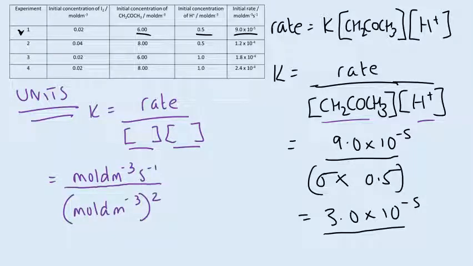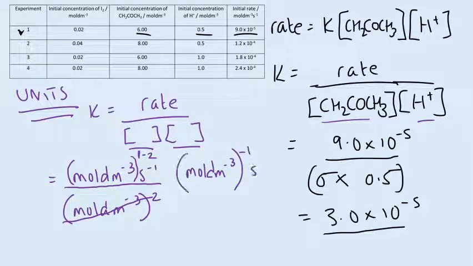Now, what I've been doing so far in previous examples is putting square brackets around that and saying it's to the power of 1, because it makes it easier to do 1 take away 2 when I'm taking the bottom up to the top, and that leaves me with mol dm minus 3. 1 take away 2 is minus 1, but I need to multiply it out. 1 times minus 1 is minus 1, so it's mol minus 1.